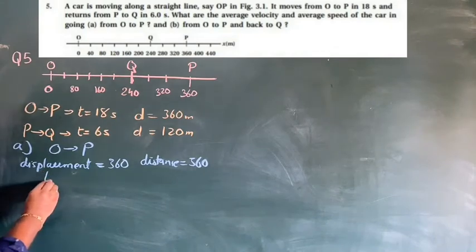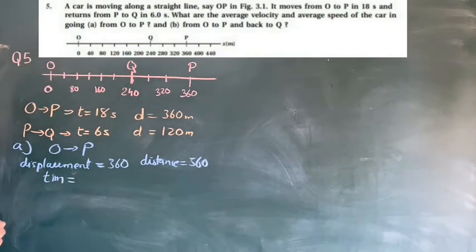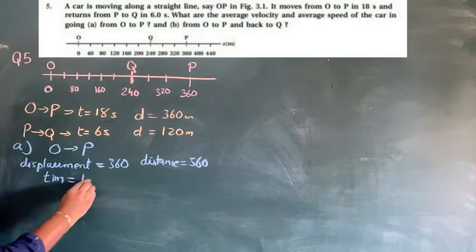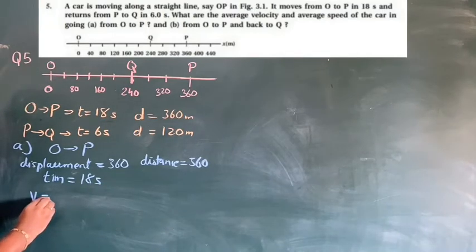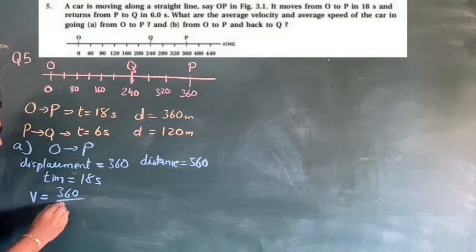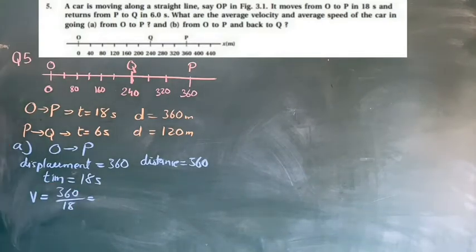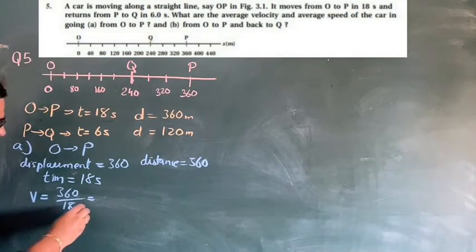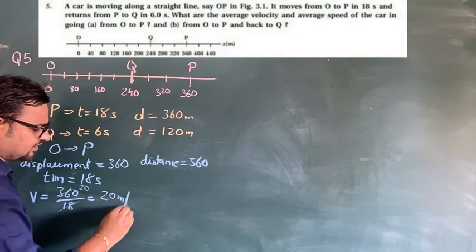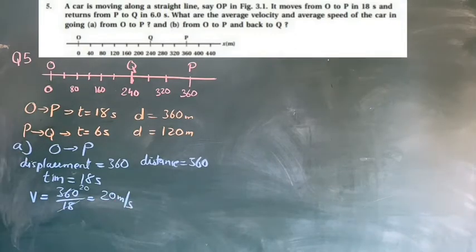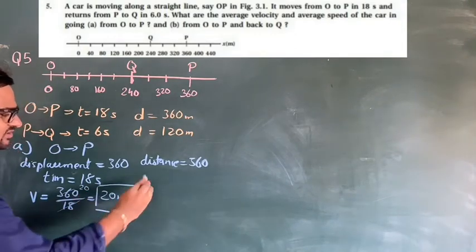And what is time? 18 seconds. So velocity v is equal to total displacement 360 upon time 18. So 360 upon 18 is equal to 20 meter per second. Okay, this is velocity.